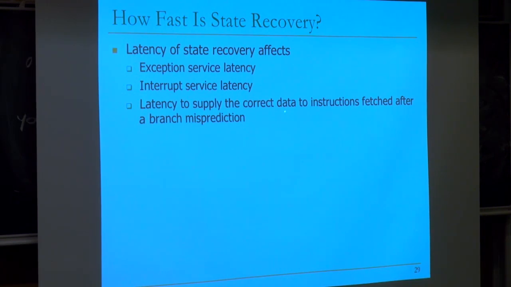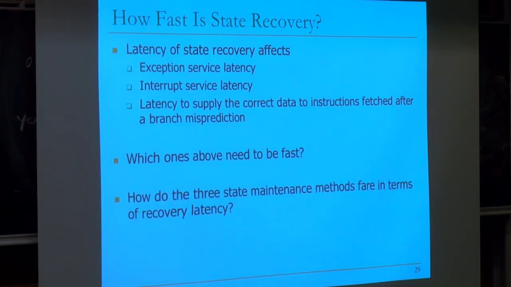And latency to supply the correct data to instructions fetched after a branch misprediction. That's really what we're affecting on a branch misprediction, right? Because this data is not correct when we have the branch misprediction. So which ones above need to be fast? And how do the 3 state maintenance methods fare in terms of recovery latency?